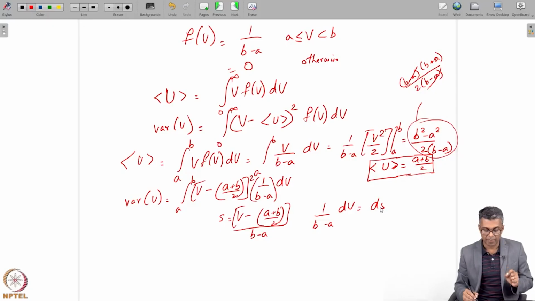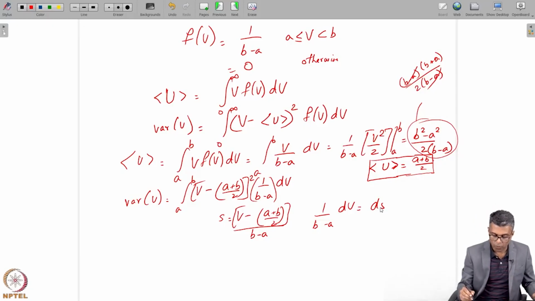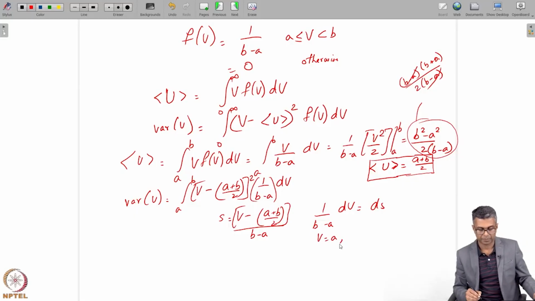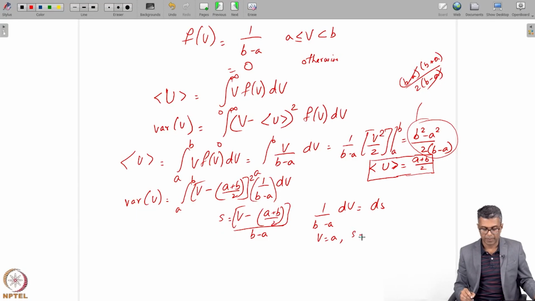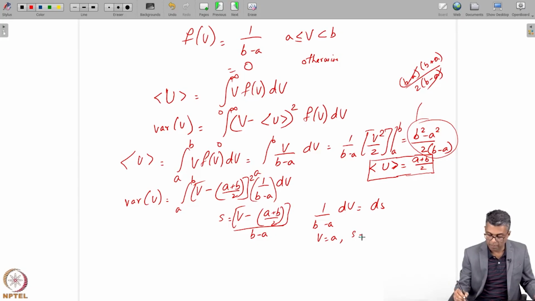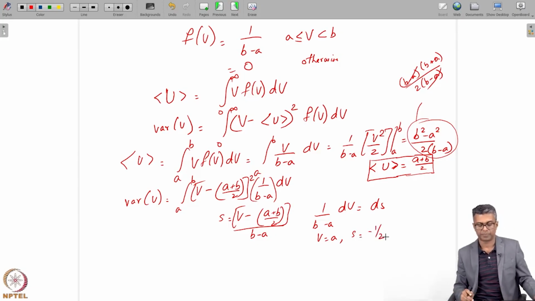Then as far as the limits are concerned, when v is equal to a, what does s become? S becomes minus half, isn't it?